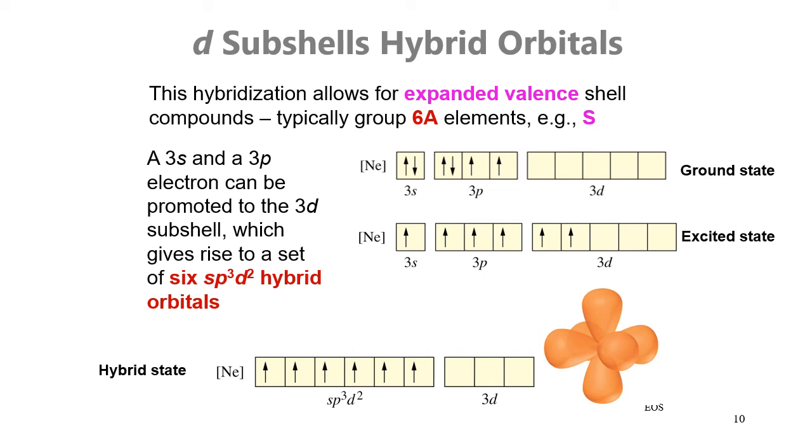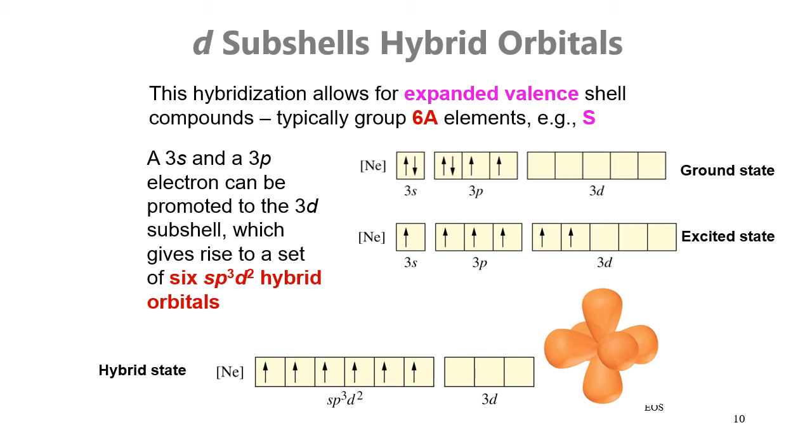This is another case, for a group 6A element, for example sulfur, as a 3s and a 3p electron can be promoted to the 3d subshell, which gives rise to a set of 6 sp3d2 hybrid orbitals.